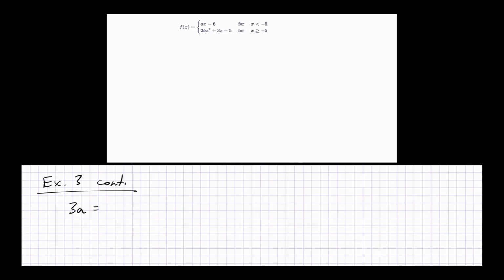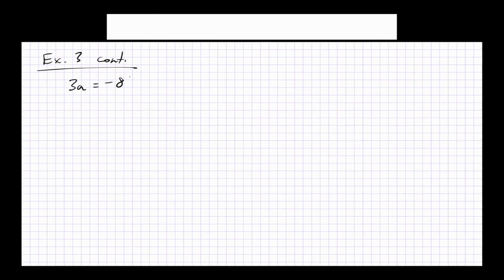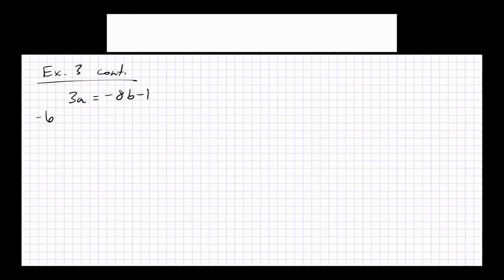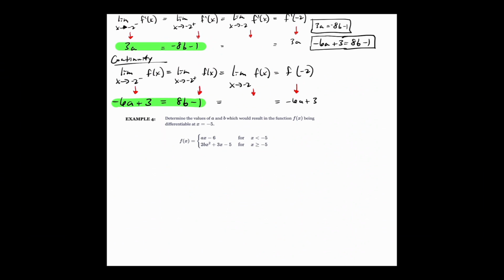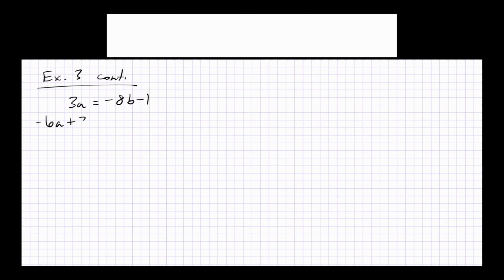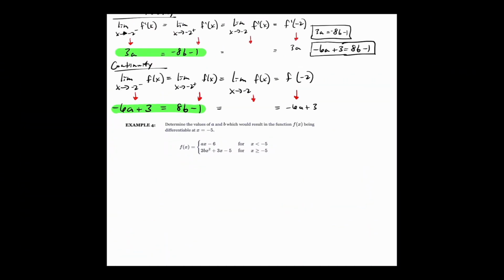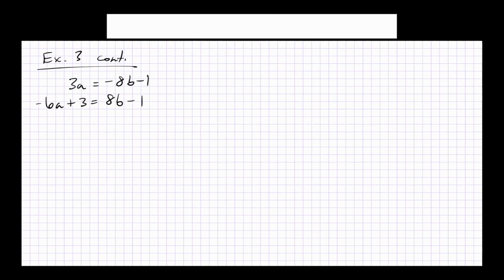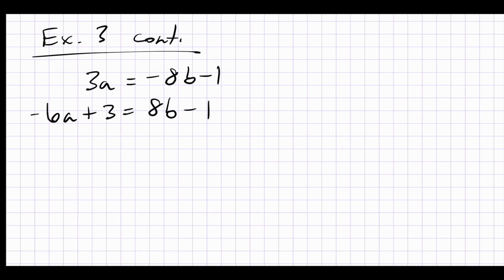Systems means two equations, and I have two equations. Let me write them down. -6a plus 3, 8b minus 1. So I have two equations. They're both linear because there's no exponents.